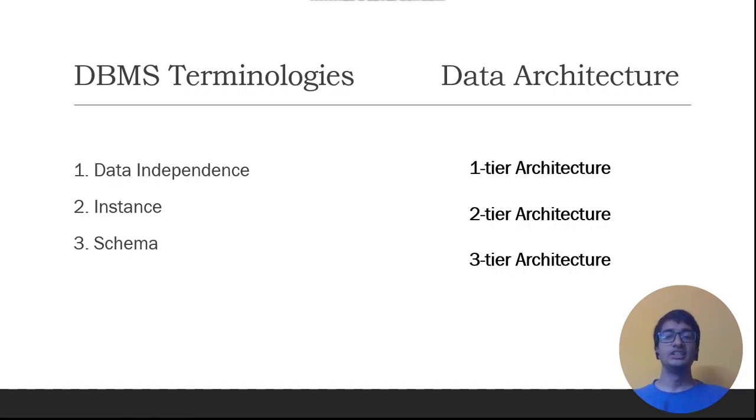The second is the second tier or the two-tier architecture. This architecture consists of a client as well as a server. The client directly communicates with the database server. Its characteristics are better performance than single tier as the client and server can be on different machines. Database security can be managed more effectively.